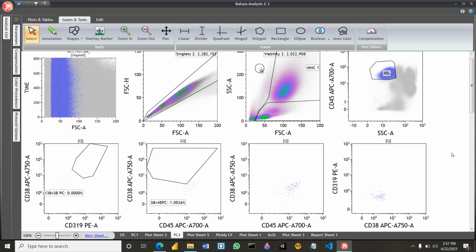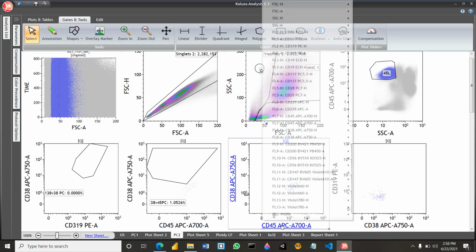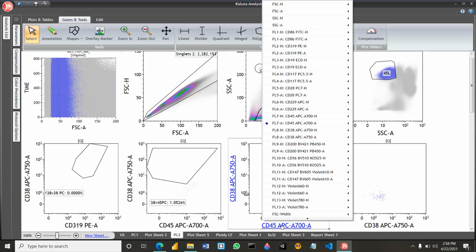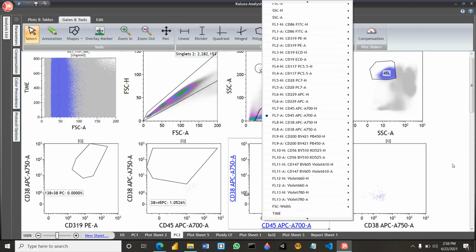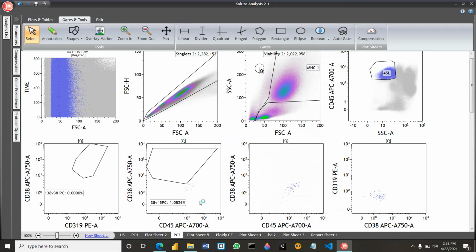But we are evaluating this marker for MRD monitoring, especially as an alternative marker for the gating strategy in MRD samples. So we start with either CD38 CD319 or CD38 CD45, so we can use these two markers.